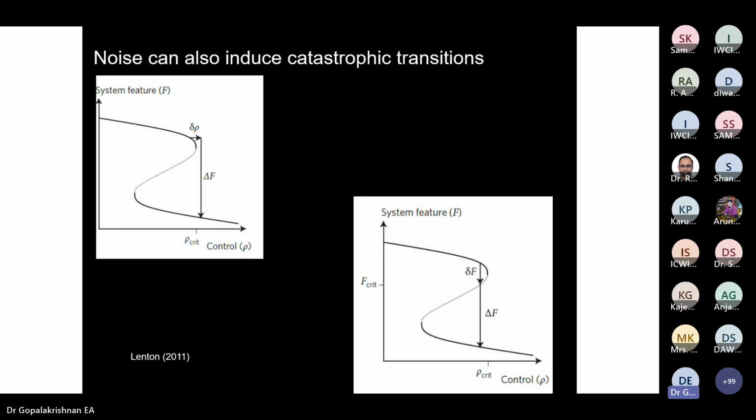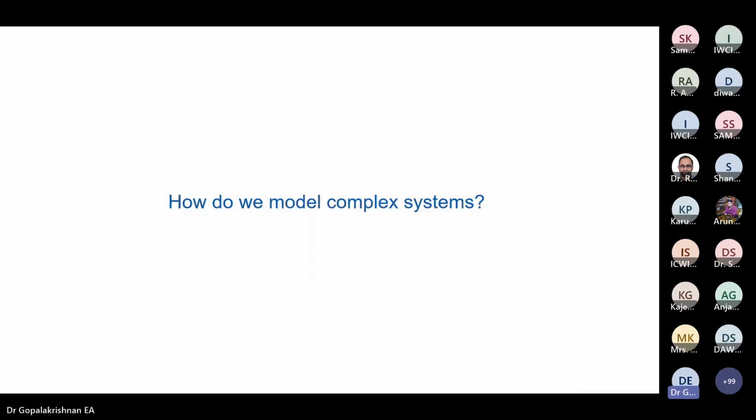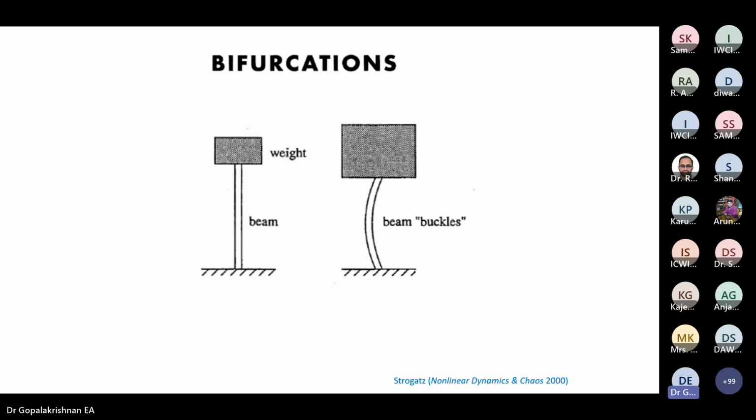Now, how do we further model the system? We model the system using what is known as dynamical system theory, which I will very quickly introduce. Suppose you have a beam and you are putting a weight on it. Anybody from a mechanical background will easily understand the buckling of a beam.